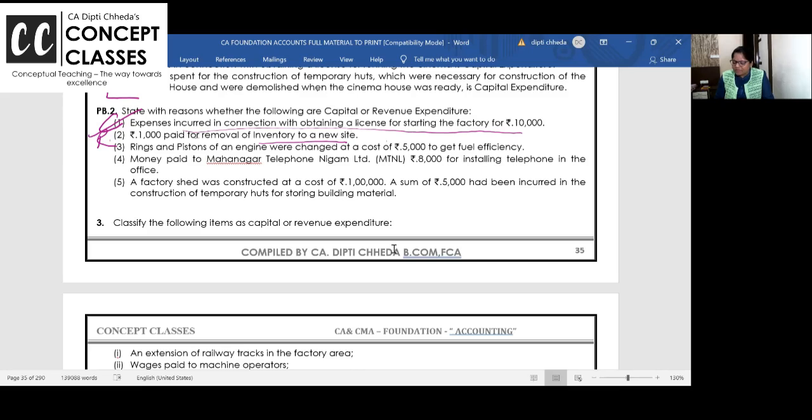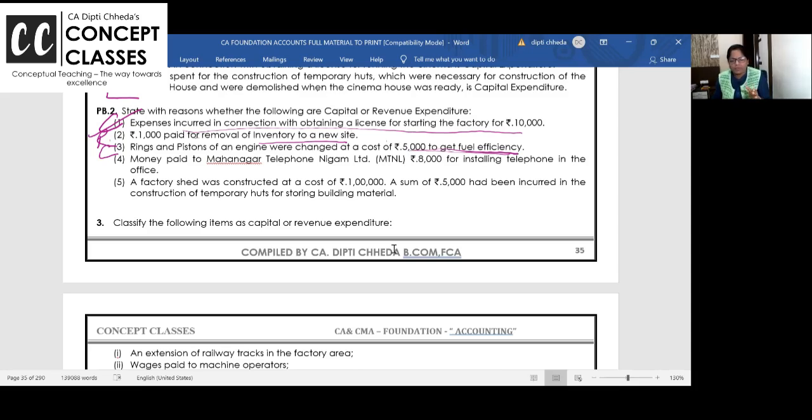Rings and pistons of engine were changed at a cost of 5,000 to get fuel efficiency. So you are doing some expenditure which will increase your income. It will reduce your expenditure. Capital expenditure, bilkul. It's a capital expenditure.